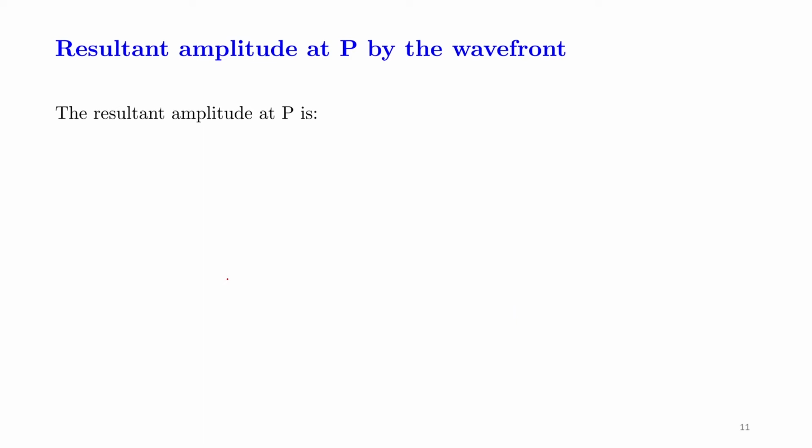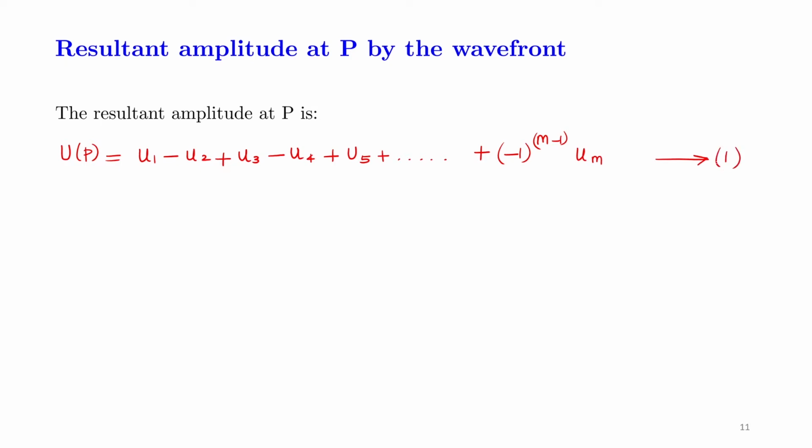Now, the resultant amplitude at P can be written as UP equal to U1 minus U2 plus U3 minus U4 plus U5 plus the terms in between, and the last term will be minus 1 to the power of m minus 1, then Um. Let us call this equation number 1.